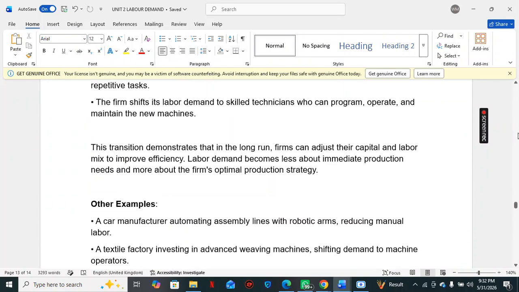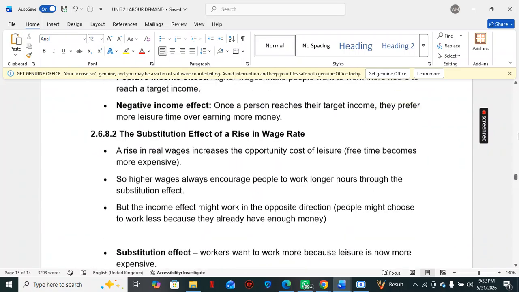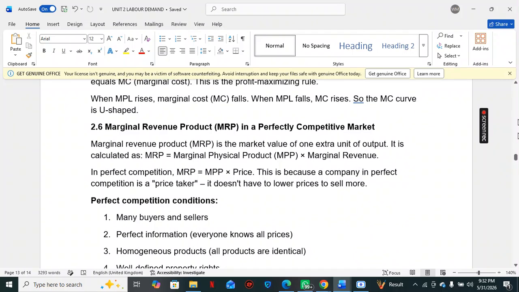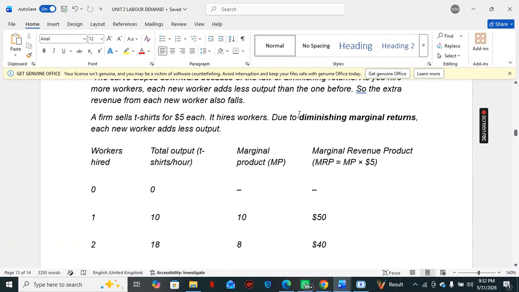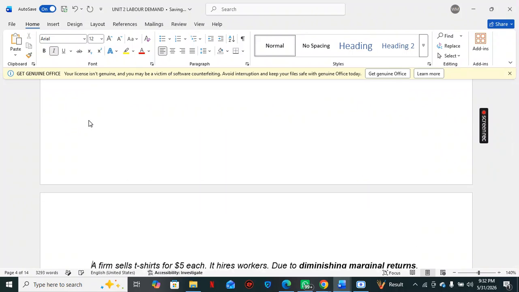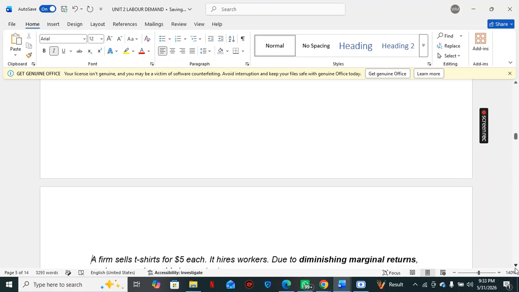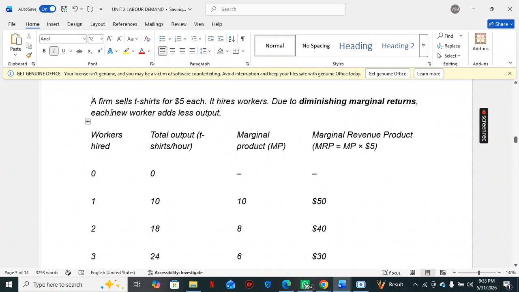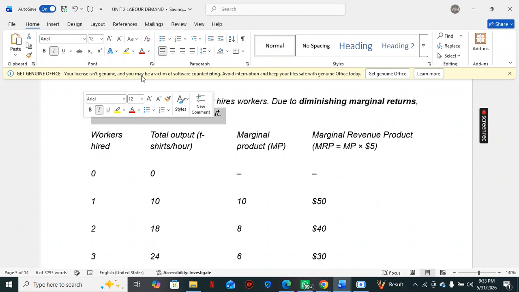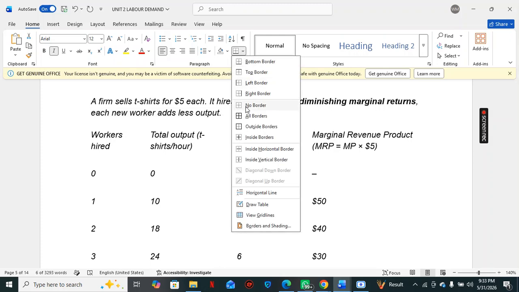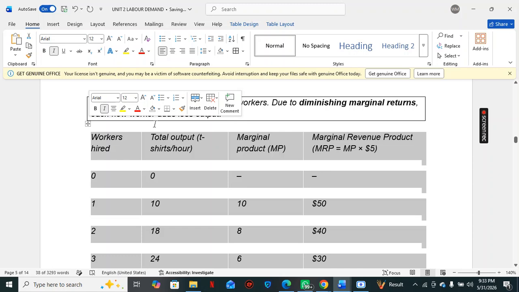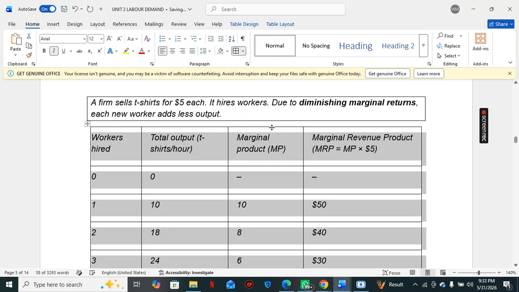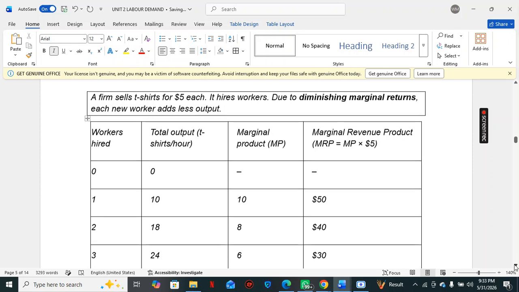So let me show you this with figures now. This dropping marginal revenue product. Okay, let's look at this firm here.